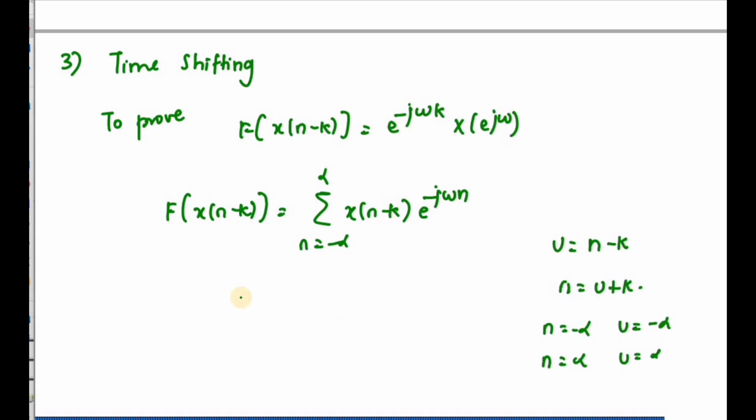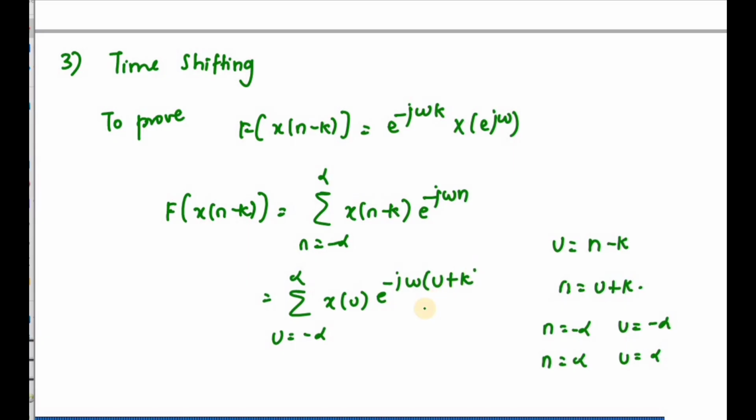So I can write this as u from minus infinity to infinity. Even if you change, you will get the same answer only. So x of u times e power minus j omega, and instead of n you substitute u plus k.